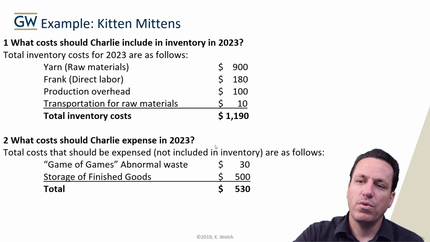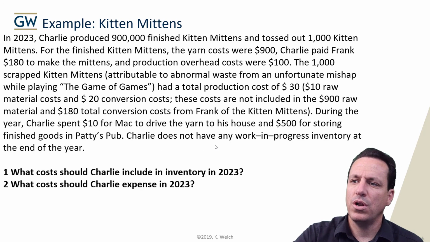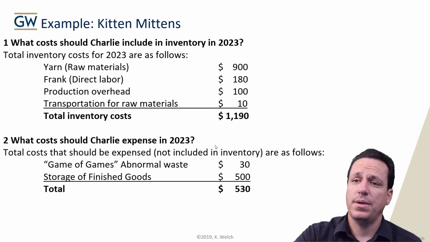And Frank, we'd call direct labor. Frank did some of the knitting on that, so it was $180. And in the prior slide, I mentioned there were production overhead costs of $100.